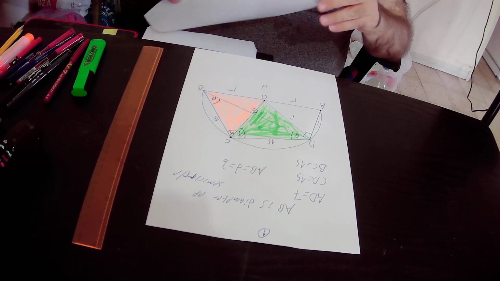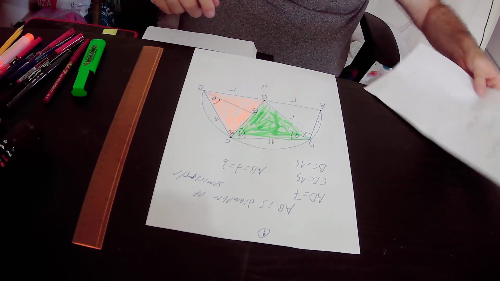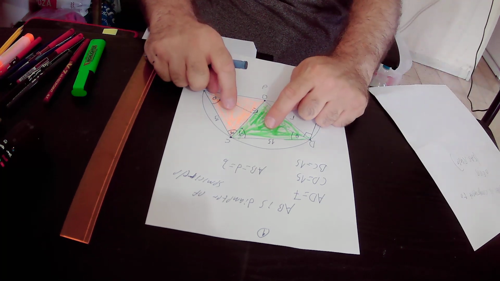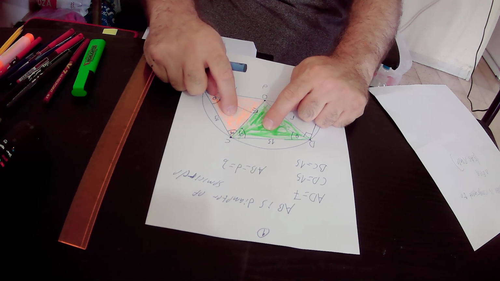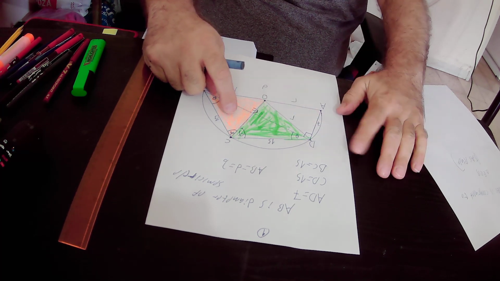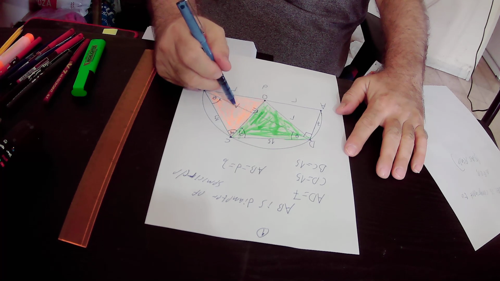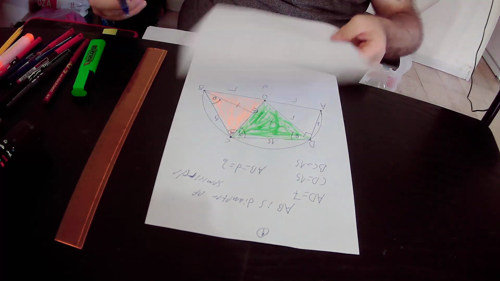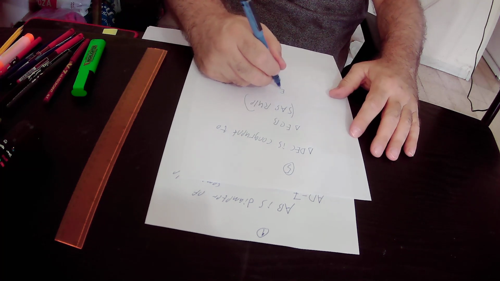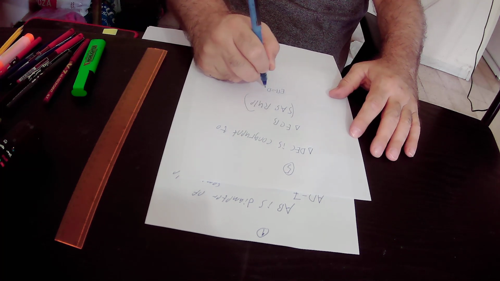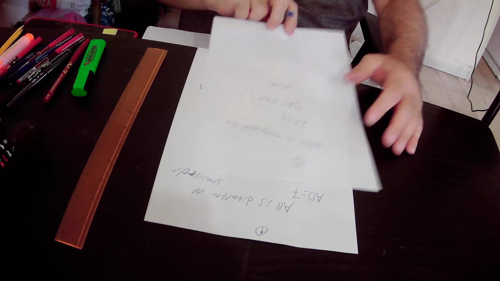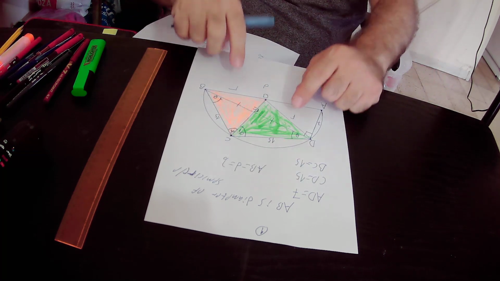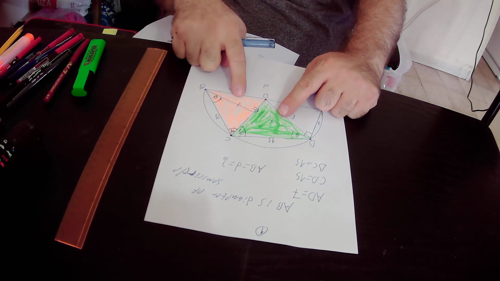Okay, so we know that those two triangles are congruent to each other, therefore EB equals DE, according to the rule that corresponding sides in congruent triangles are equal.